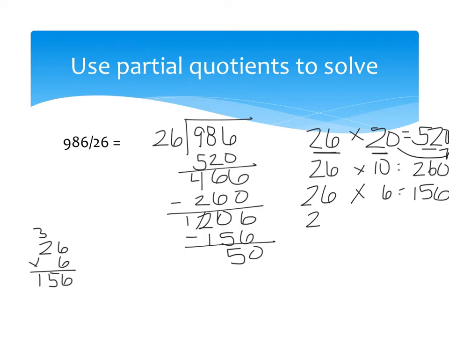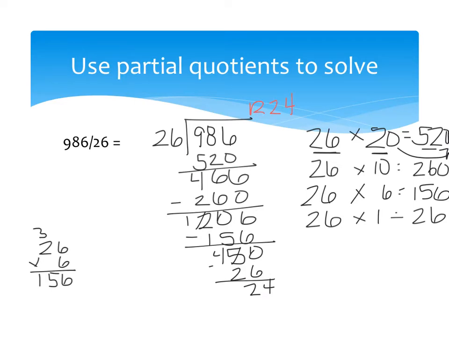Let's try 26 times 1. Subtract that 26. When I subtract, I get 24. 24 is less than my divisor of 26, so I know I now have my remainder.